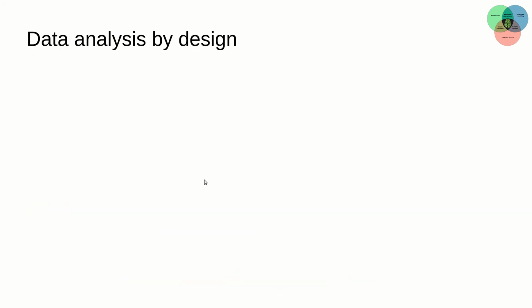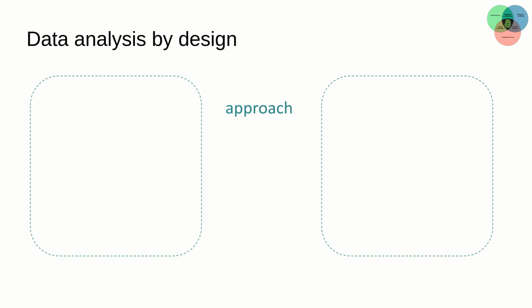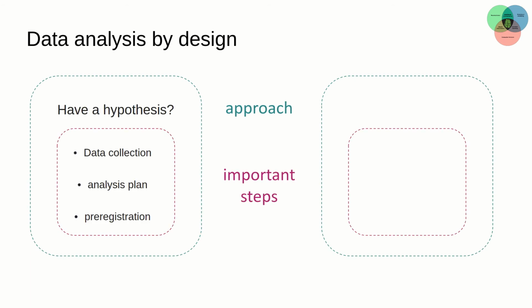So when we speak about data analysis by design, what we mean is that depending on the type of problem you are solving or on your approach to this problem, there might be different steps to take. For example, if you have a hypothesis, it can lead to a certain approach and certain steps within this approach. Typically, if you have a hypothesis, what you're going to do is first collect data for it, then perhaps plan how you're going to analyze your data, then do pre-registration.